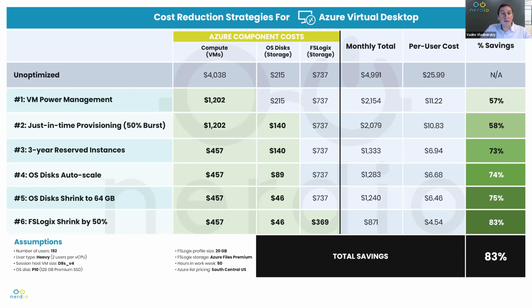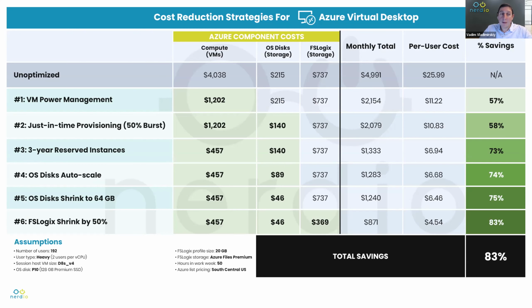Now, these VHD files are what's called thin provisioned, which means that as users are adding data to them, they are growing, but they're never actually shrinking. What that practically means is if a user goes in and downloads something, which gets placed in their downloads folder, which is part of their profile, the VHD file that contains their profile will grow. And then even if that download is deleted, that VHD file will never shrink.